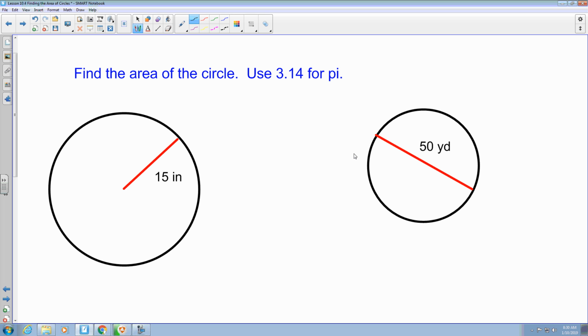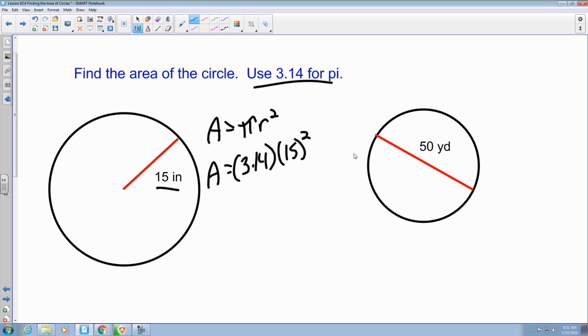Okay, so we have the first circle here where we are given a radius, so that's great. So we don't have to make any changes. So area equals pi r squared. So we can say that this area here is going to be equal to 3.14 because they asked us to use that to approximate pi. And since they give us a radius of 15, this is going to be 15 squared.